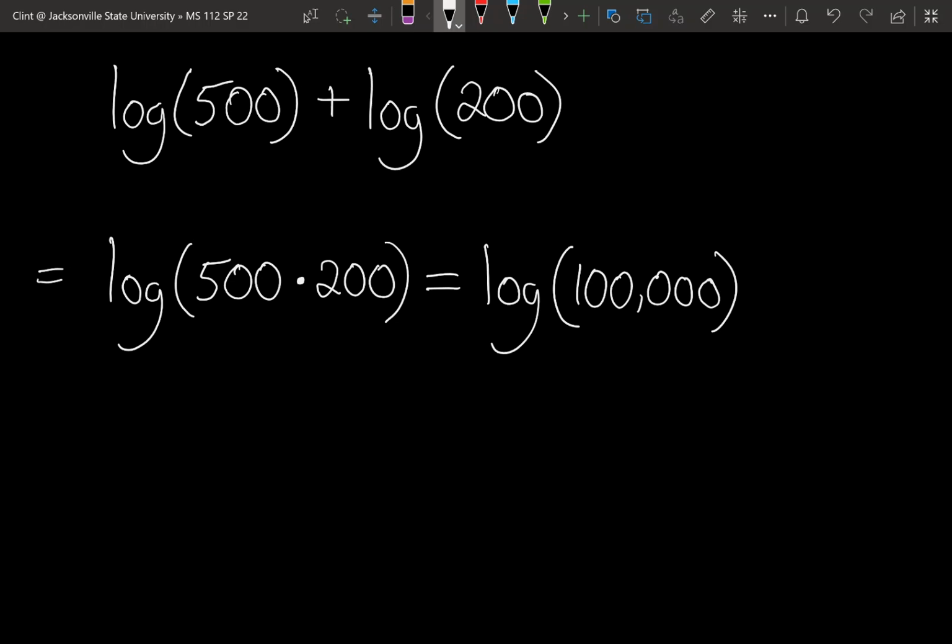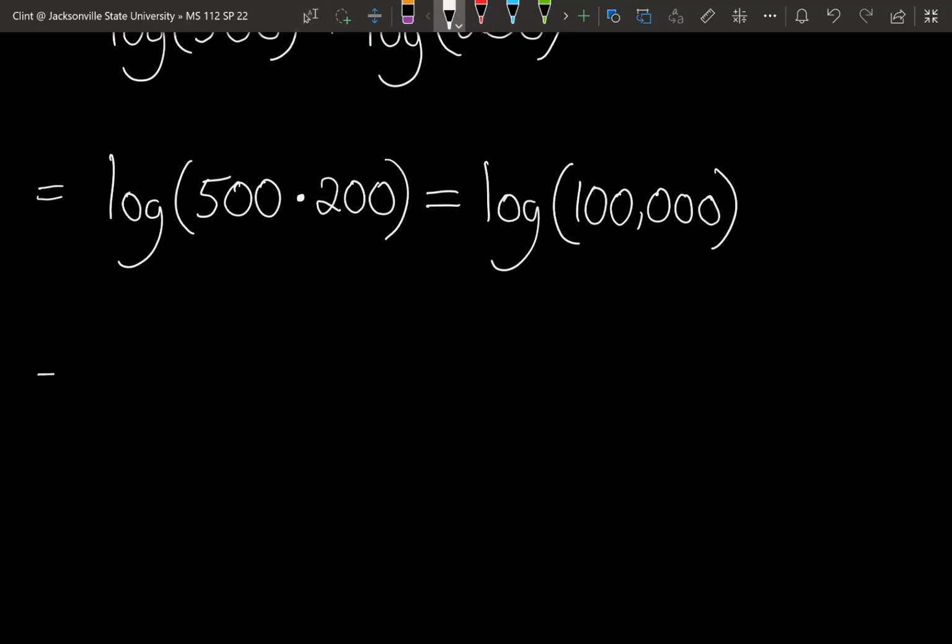Then we said our base is 10. To get things to cancel out, we want to rewrite 100,000 as a power of 10. There's a little trick to that too. To know what power of 10 that is, we just count the zeros. So we've got 1, 2, 3, 4, 5 zeros.